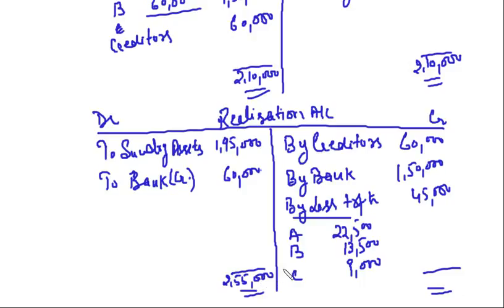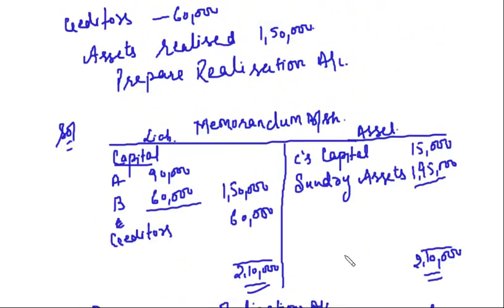So that means if you prepare the memorandum balance sheet, after that your question is normal. It is like you are given the balance sheet, already given the balance sheet in the question. In this you have to prepare the balance sheet from the information given, right? And you have to find out the missing figure of sundry assets from the information, right?